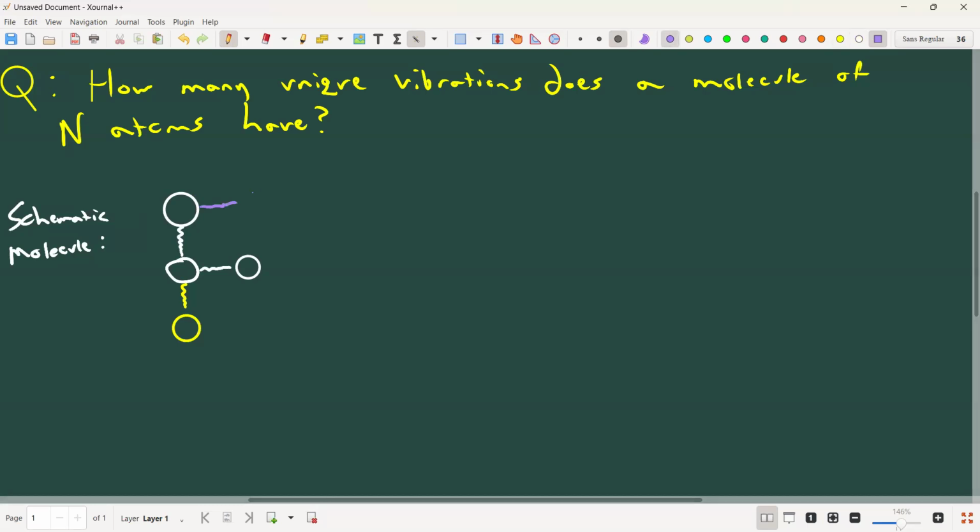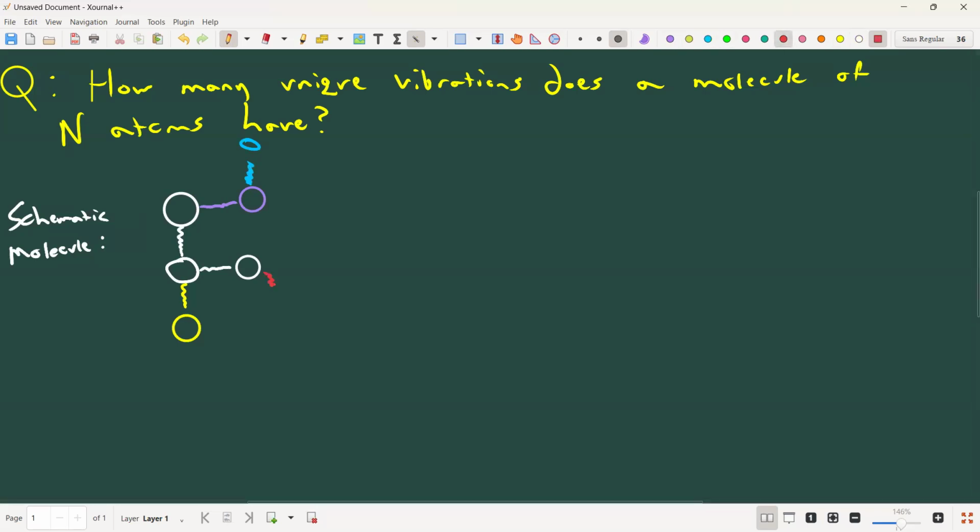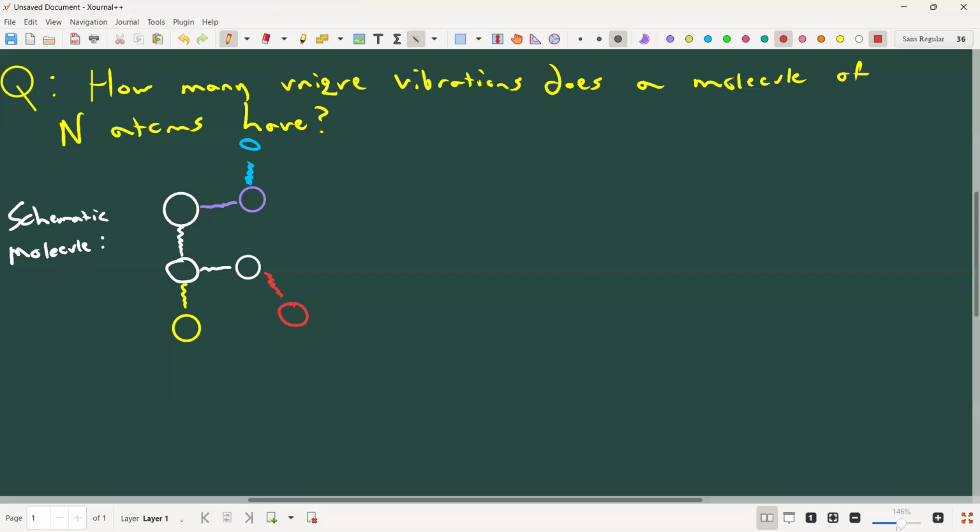Maybe we have some number of atoms that are all connected with springs. And in some sense, we can take each one of these bonds and say, each pair of atoms, in some sense, think of those as individual diatomics.